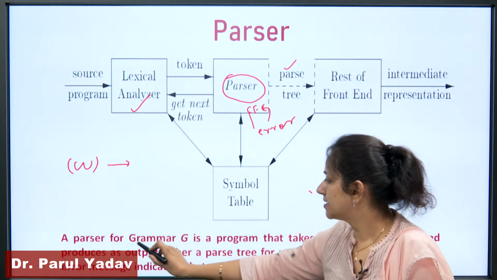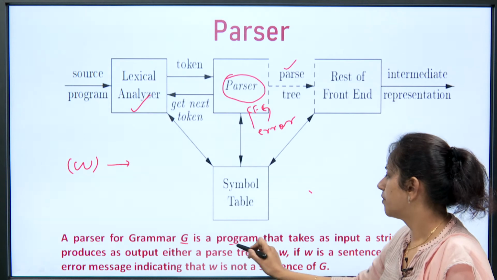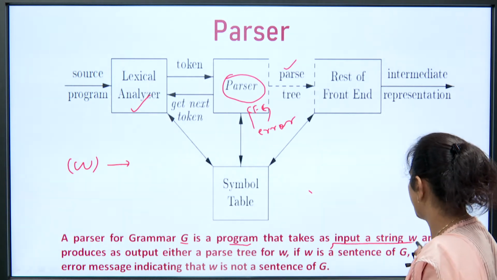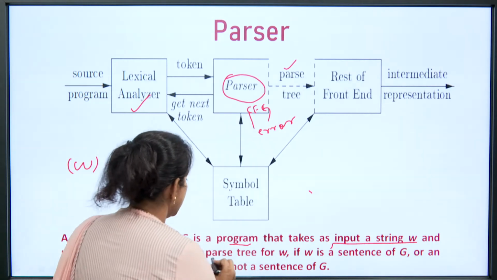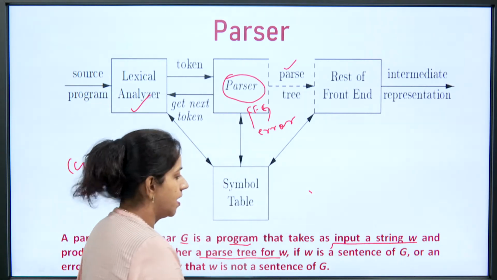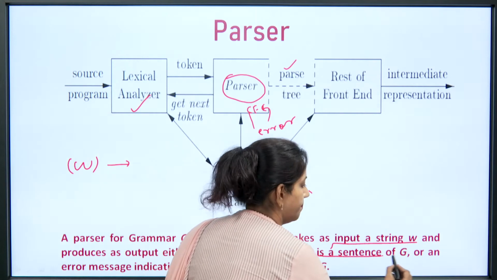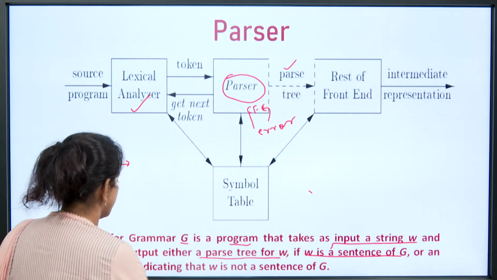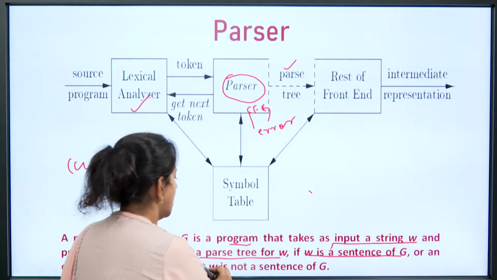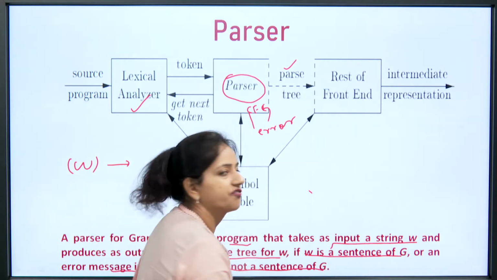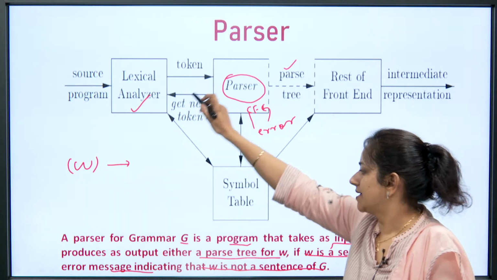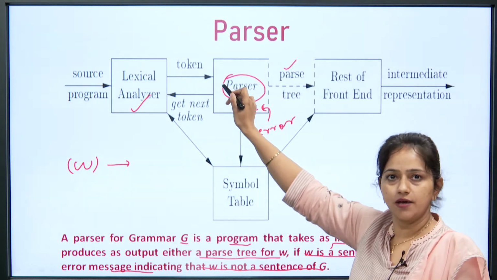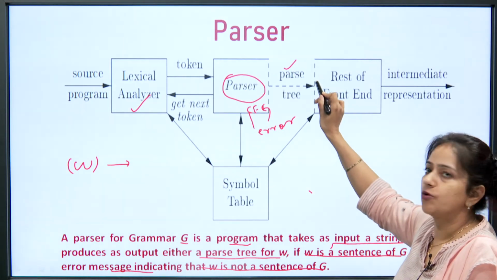A parser for grammar G is a program that takes as input a string W and produces as output either the parse tree for W if W is a sentence of G, or an error message indicating that W is not a sentence of G. So, this is a program that takes as input the string W or the tokens, and it will produce as output the parse tree.